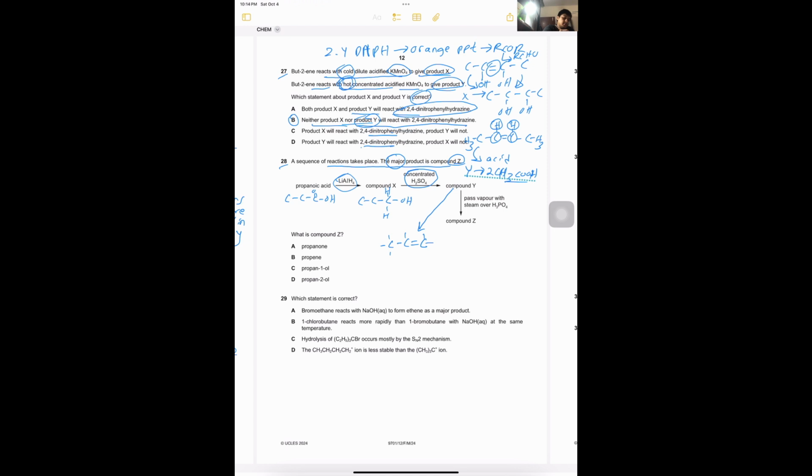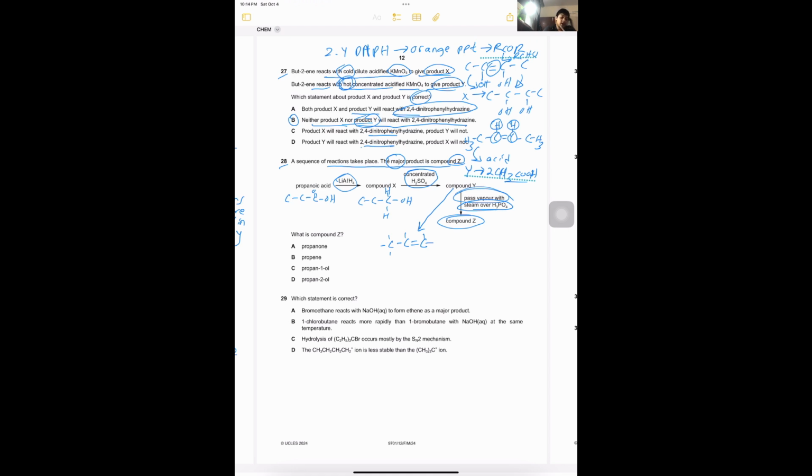And to get the major product, which is compound Z, we have to attach the functional group of OH as steam is passed. So this is a hydration reaction, so it will be attached to the carbon atom with more alkyl groups.